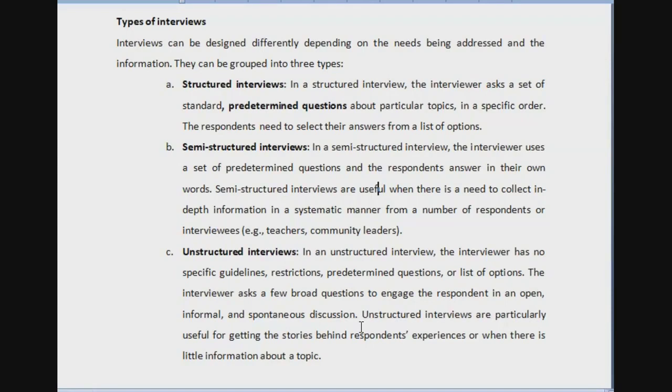I need some basic things to start a conversation. So maybe I will know that I want to ask you regarding your exams only, how good you are at memorizing things, or how much speed you have in writing. So I will have a basic framework of the things on which I want to ask you questions, but I have not framed the questions as such.